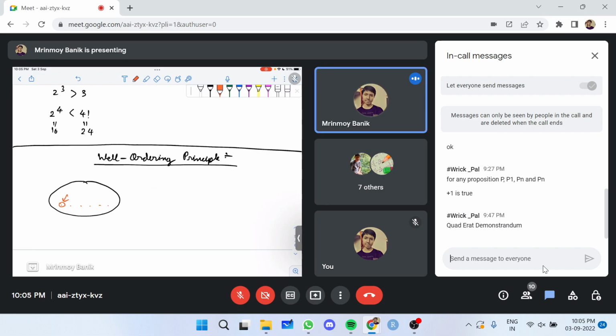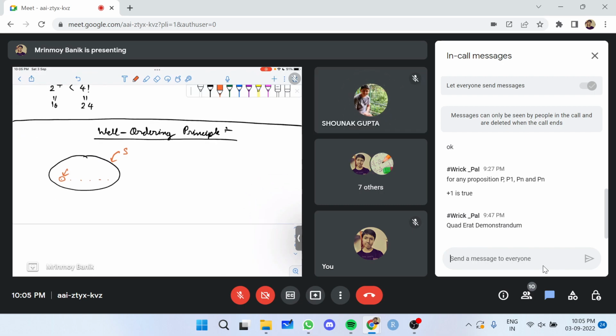Okay, so what are the assumptions on that set? All the elements belong to natural numbers. And there is one additional assumption, that S can't be the empty set, right? Yes, sir. So as Shaunak said, we have two assumptions.